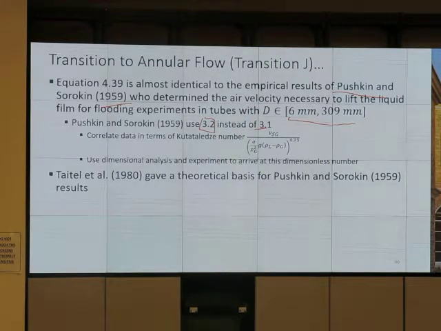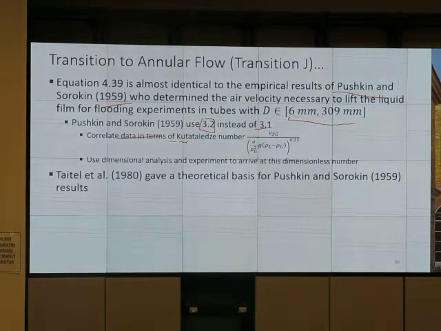It's the same thing that you try to do with that equation. They correlated data in terms of that variable number, using dimensional analysis and experiment to arrive at this dimensionless number.